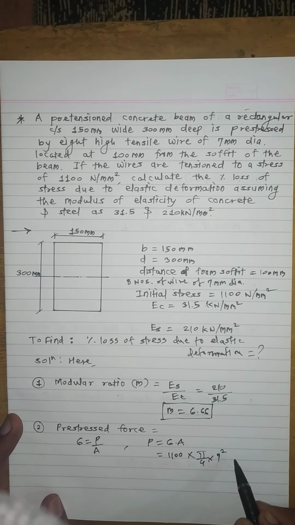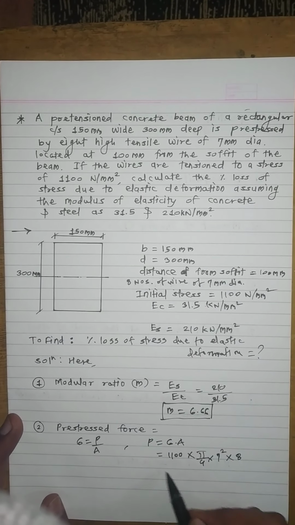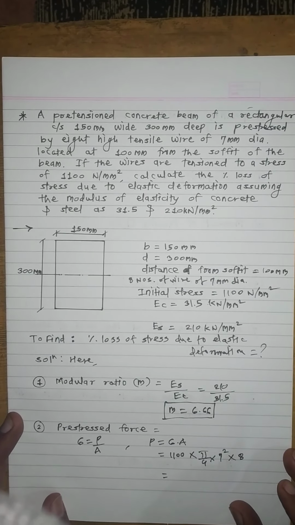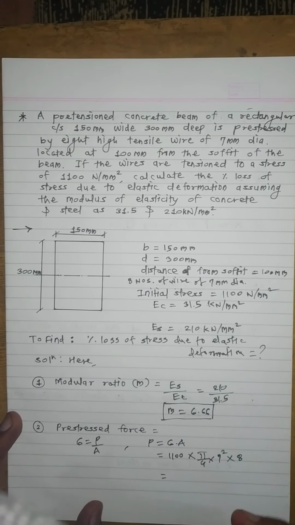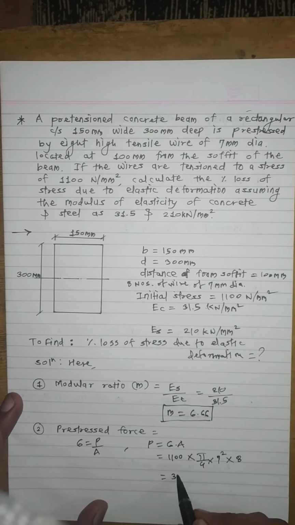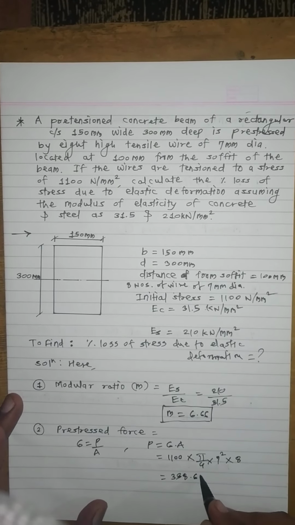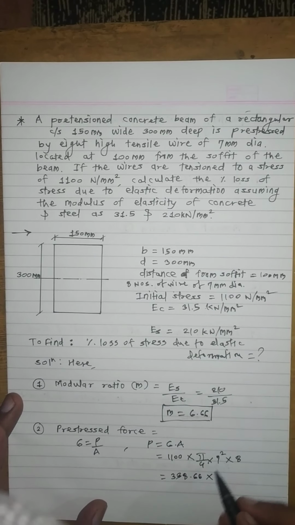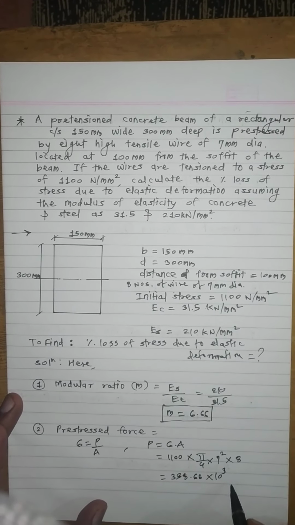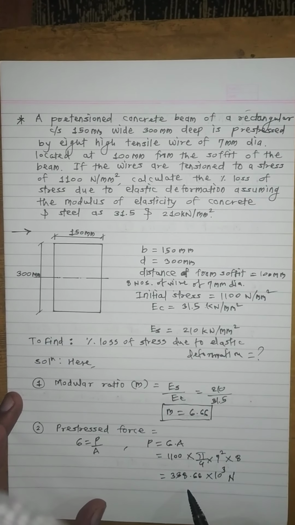So pi by 4 into 7 square, multiplied by 8 wires. After calculation, the value of P is 338.66 into 10 to the power 3 Newton. So pre-stress force equal to 338.66 into 10 to the power 3 Newton.